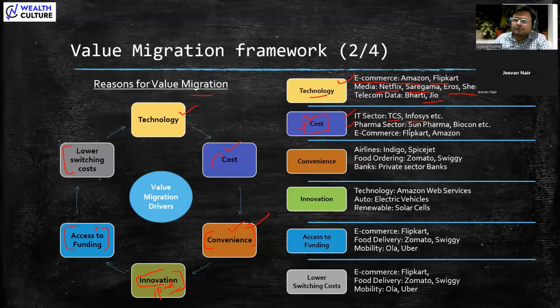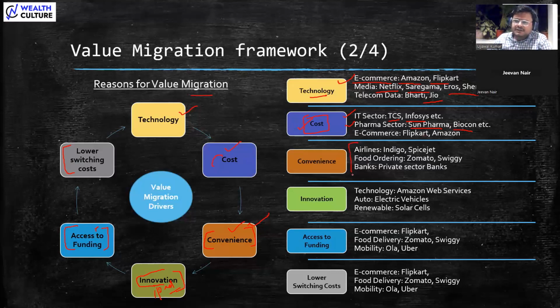Pharma, we've seen a lot of generic manufacturing coming to India, and even if you look at the large innovative pharma companies, they are now sort of deciding to get out of the generic business and get into the more innovation-led products, innovation-led drugs. And so all that migration and manufacturing is coming back to India again. So the pharma sector again has been a huge wealth generator.